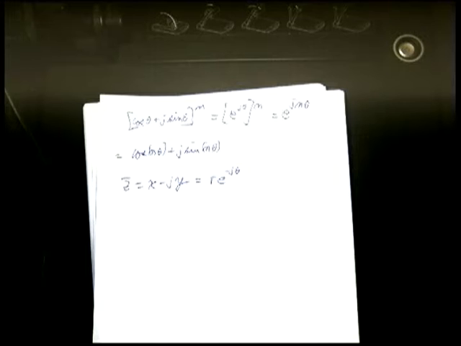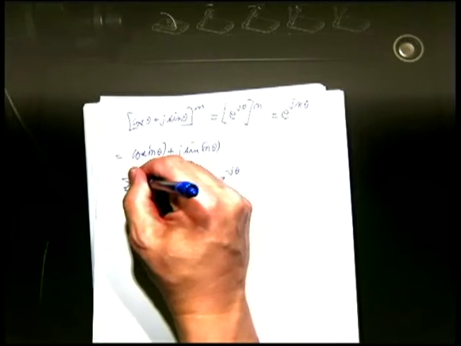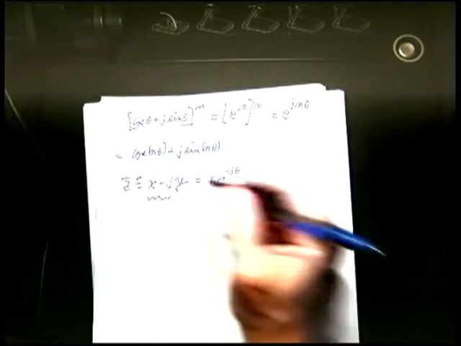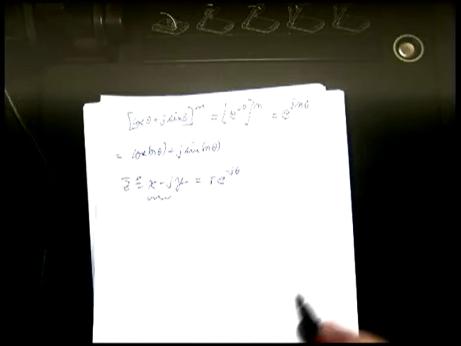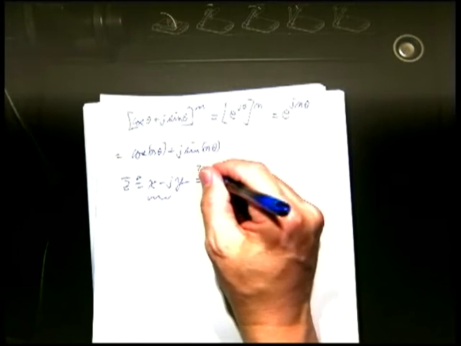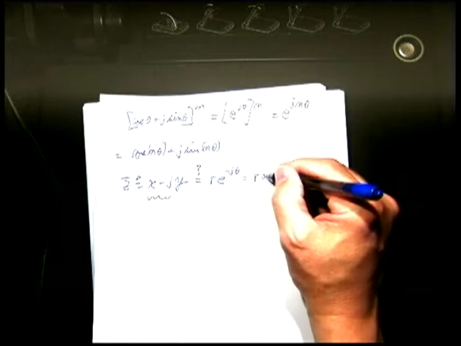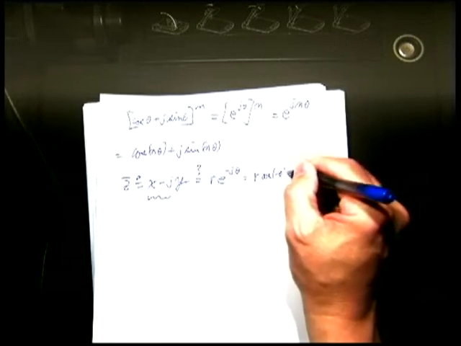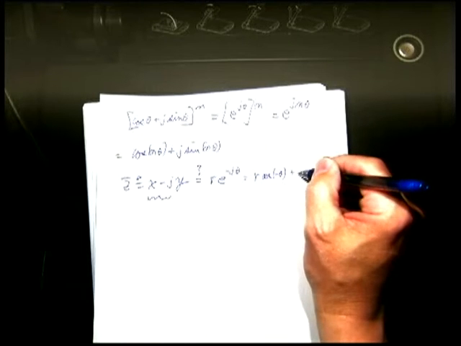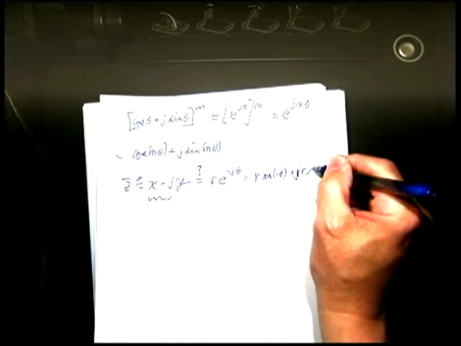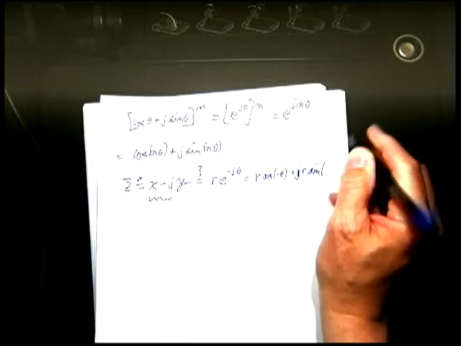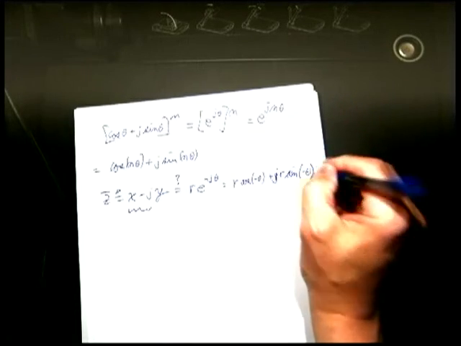Yeah. Well, let's say it's defined as this, okay? So then we say equal maybe to that, all right? And then we apply Euler's identity, and we get r cosine of minus theta plus j r sine of minus theta.